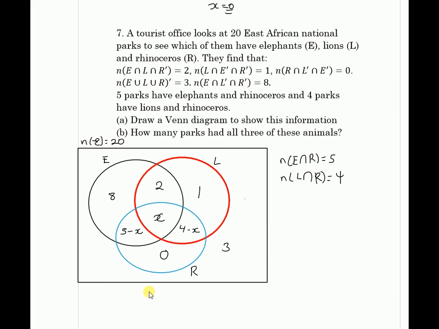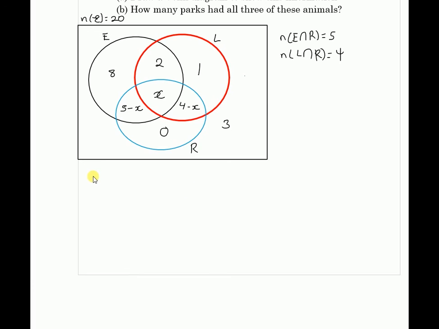Now to get the values of the unknowns, we shall add everything inside the quadrilateral and equate it to the universal set. So I have 8 plus 2 plus X plus 5 minus X plus 1 plus 4 minus X, plus 0 plus 3, add everything there, and you shall get 20.